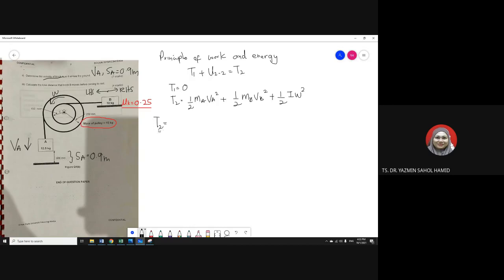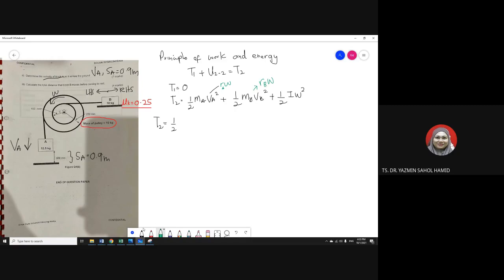Now, we need to make sure all the unknowns are in terms of omega. So we know what V is. V is R omega. VA is RA omega, VB is RB omega.